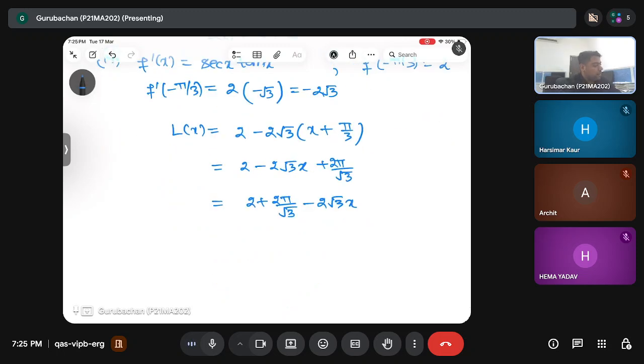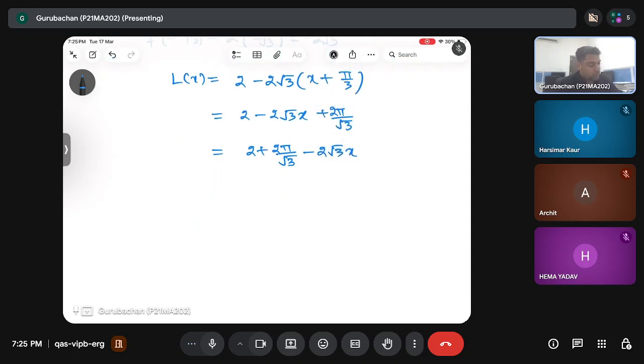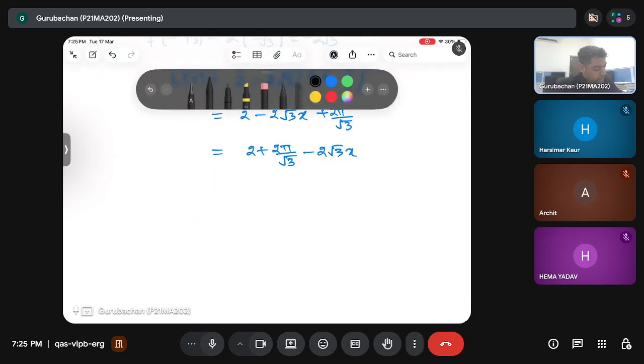So next is just a quick discussion of the relation between the linearization of a sum of two functions and the individual linearizations.